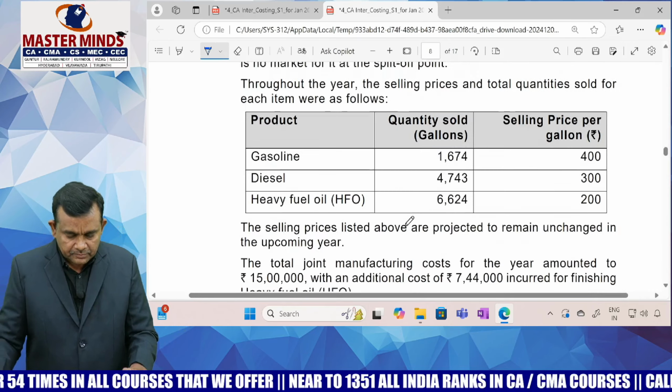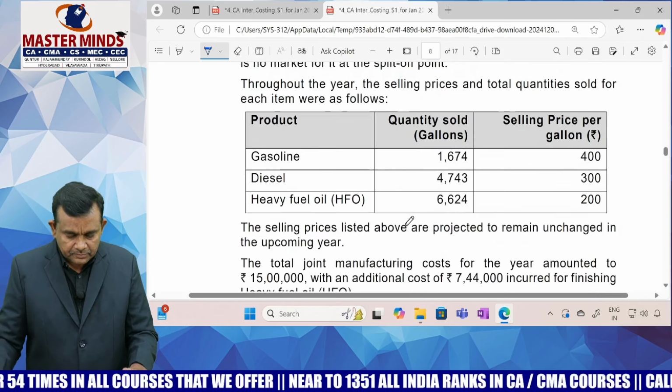So you are required to compute the following for gasoline, diesel and heavy fuel oil. Joint cost allocation under net realizable value method. Here the important point: NRV is equal to the final sale value of total output minus selling expenses.